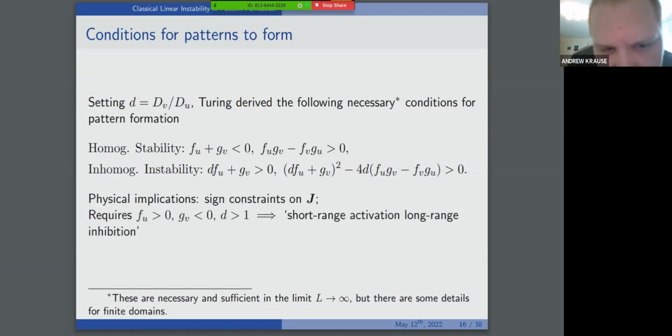And you can get out from these algebraic conditions, again, under some technical details, these kinds of useful biological facts. The only sorts of systems that exhibit these Turing-type instabilities are ones where you have short-range activation, long-range inhibition. Again, the details here are not too difficult to work out, but this is a general statement. We're not assuming that we start with a particular form of the model.